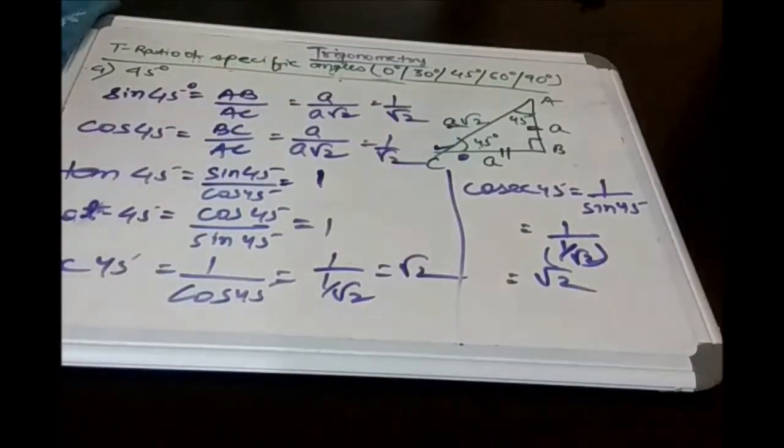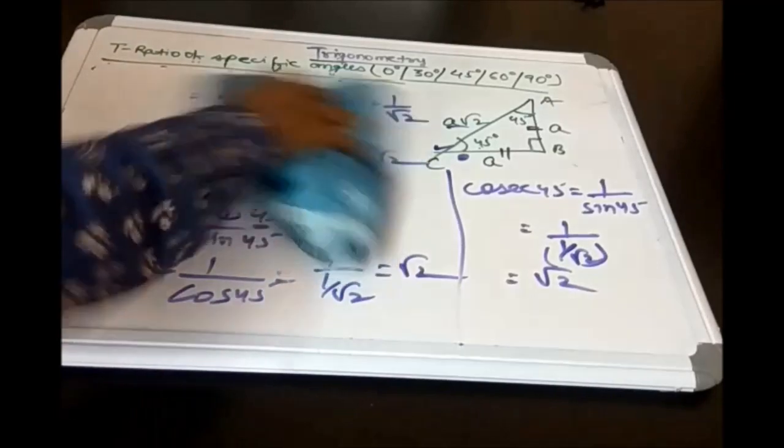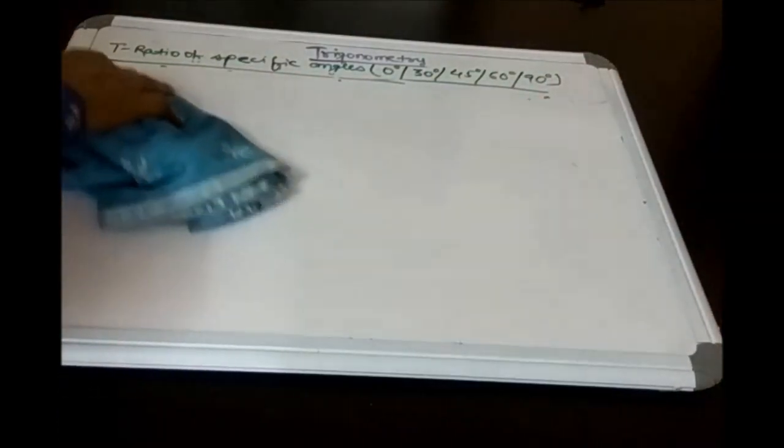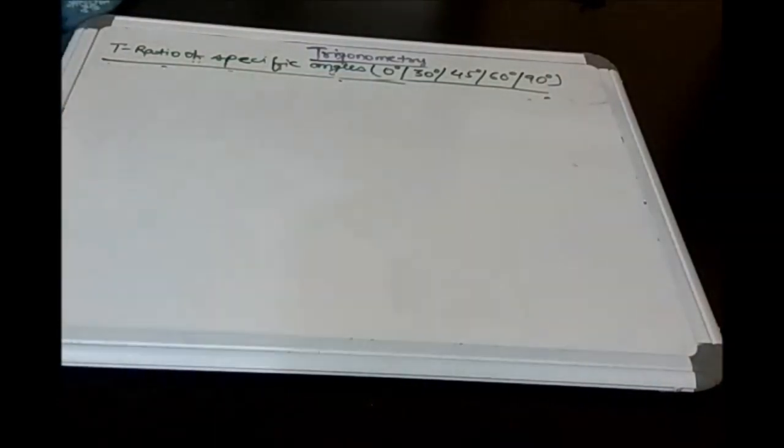So after learning the relationship between trigonometric ratios and complementary angles, we didn't face any difficulty in deriving the value of trigonometric ratio for the specific angles, that is 0 degree, 30 degree, 45 degree, 60 degree and 90 degree.